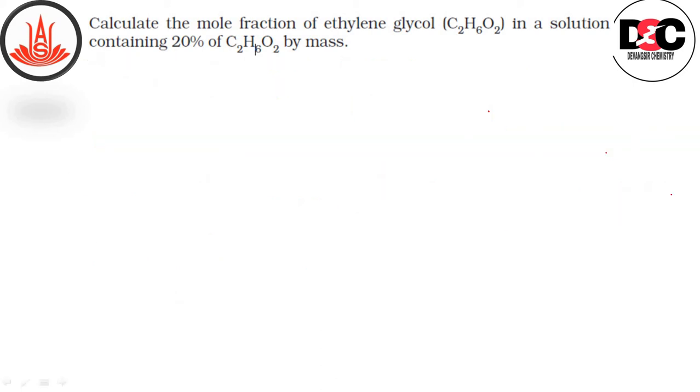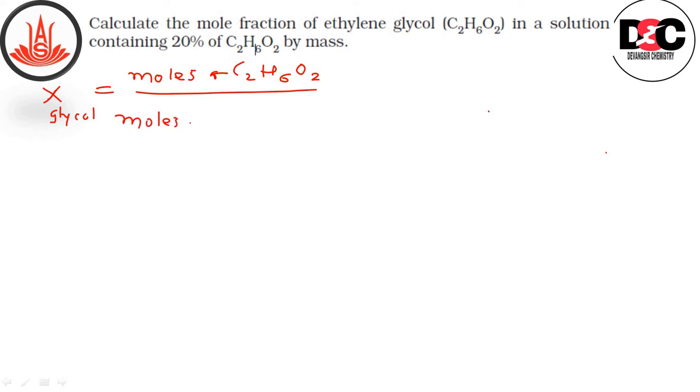So let's calculate it. The mole fraction of ethylene glycol is equal to moles of C2H6O2 upon moles of C2H6O2 plus moles of water. So now keep the values.